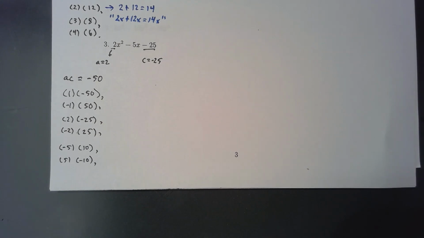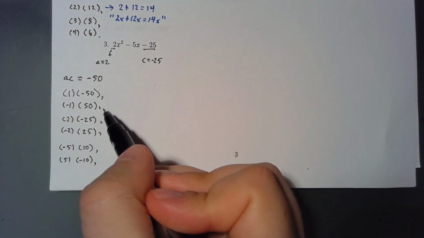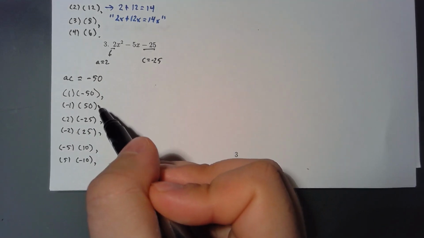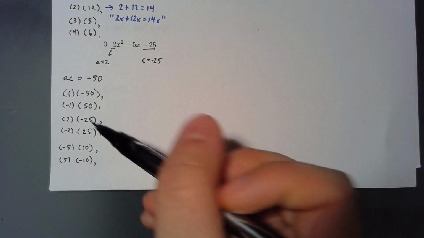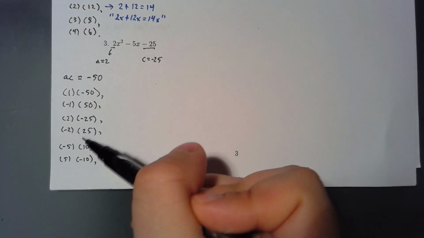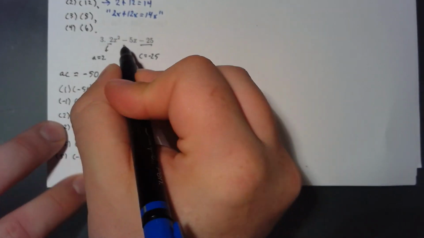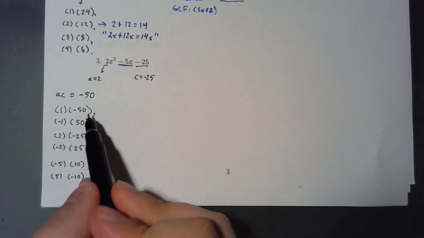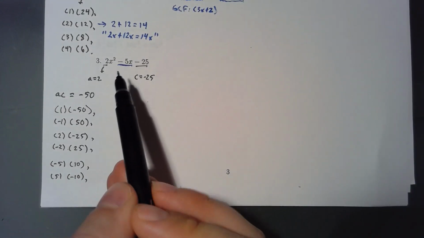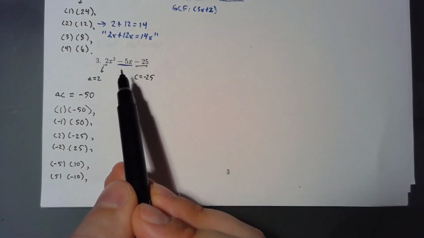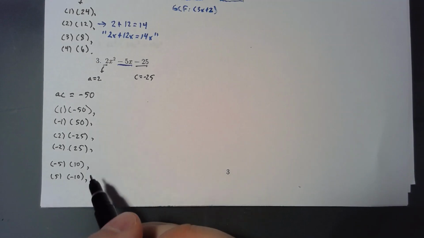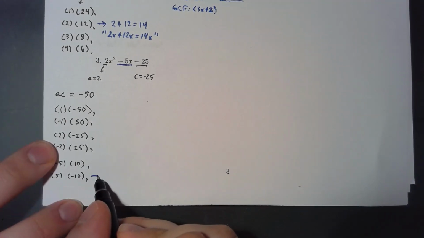Now, which one of these, when I add them together, so I have 1, 2, 3, 4, 5, 6 different possibilities. I need to get negative 5x, right? So which one of these, when I add together, is going to give me negative 5? It looks like the last one, right?